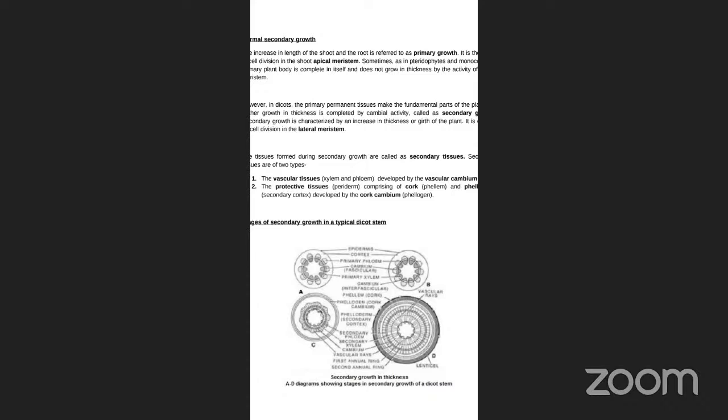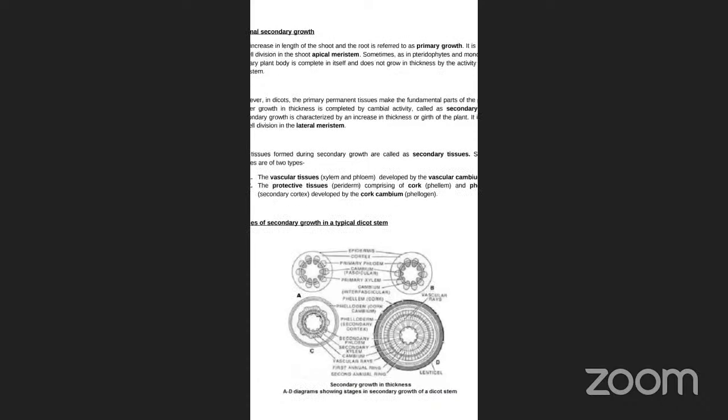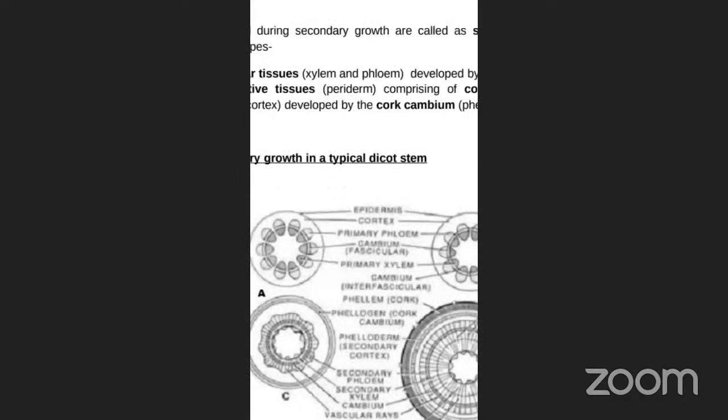The center part is called fascicular cambium. See the ring? One ring is observed at the point between xylem and phloem.